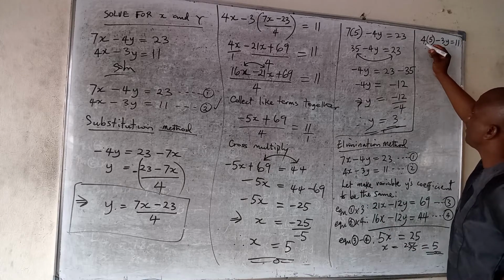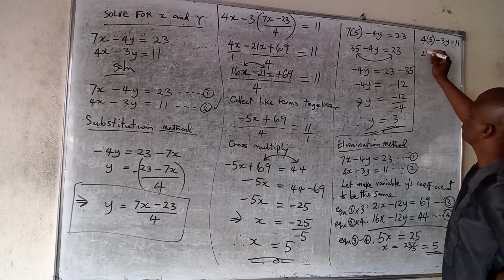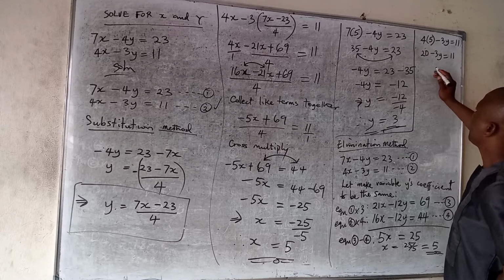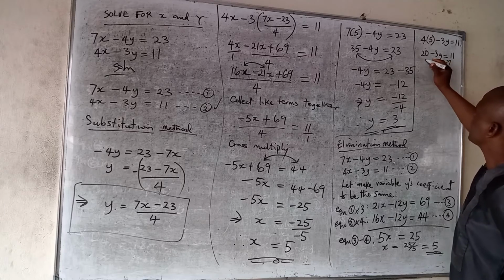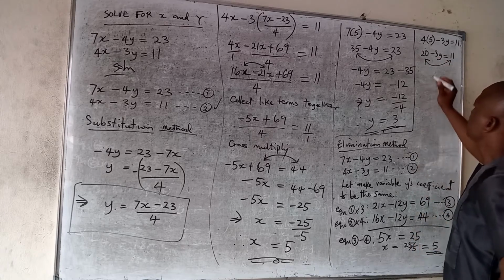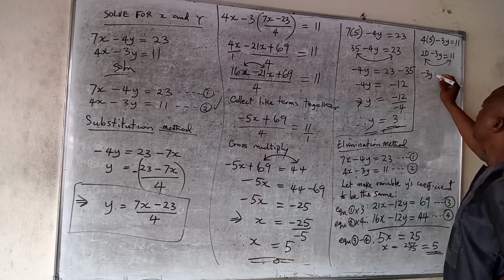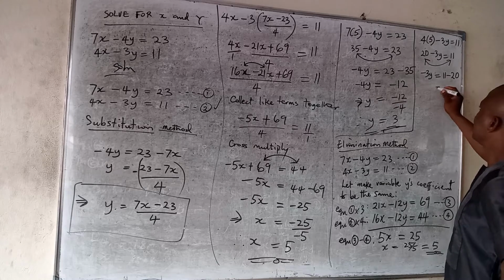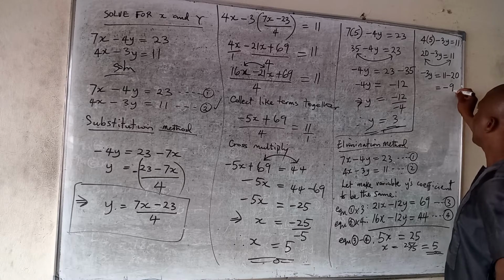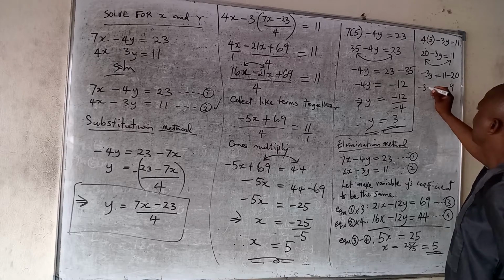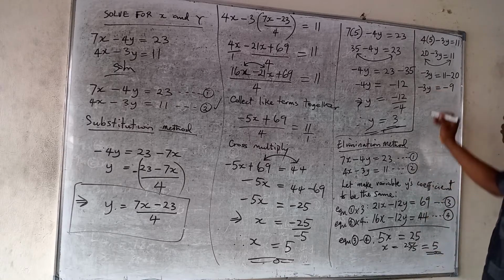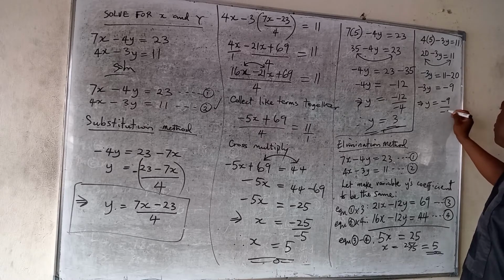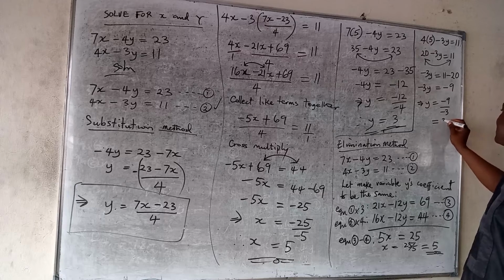So open up the bracket to have 4 times 5, which is 20, minus 3y being equal to 11. The next thing to do is to collect like terms together. So you have minus 3y being equal to 11 minus 20, and this will be minus 9, which is the same as minus 3y. So it implies that y is equal to minus 9 over minus 3, which is the same as 3.